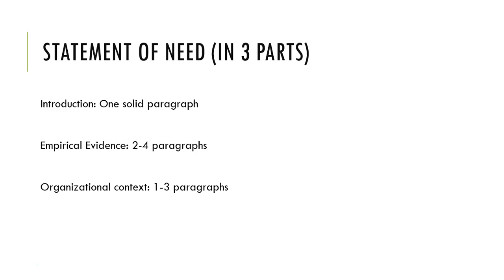As you prepare your statement of need, you'll look at three distinct sections. The first part will be the introduction. This is going to be one solid paragraph in which you'll answer all of the questions provided for you in the template. It's going to summarize the overall program need that is being addressed. In the empirical evidence section, you will begin to justify the need for your program and the manner in which you're attempting to address it.